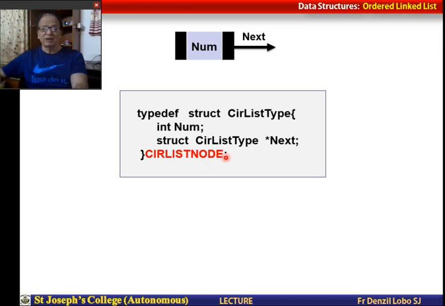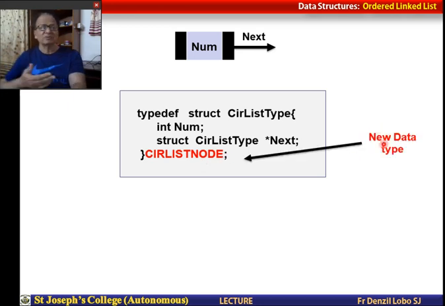So we have created a new data type, as we have done many times in the case of tree and queue, etc. and linked list. So we call this one circular list node.